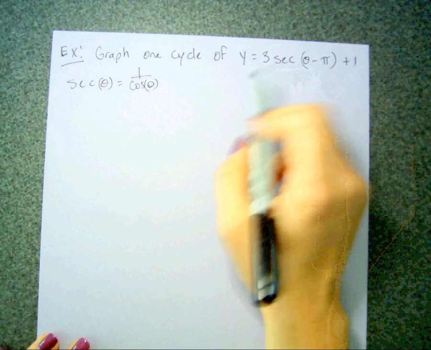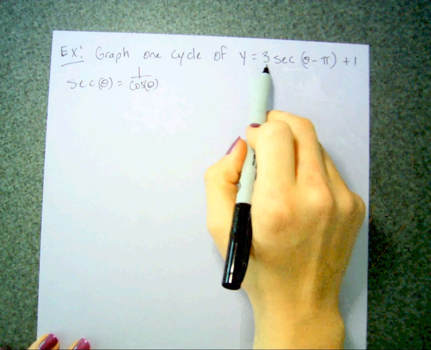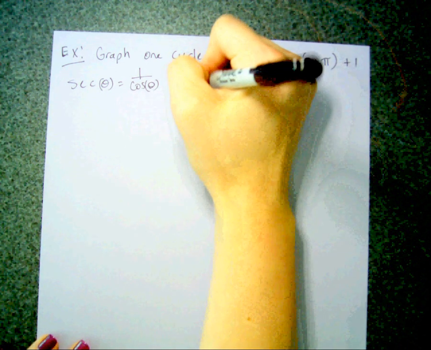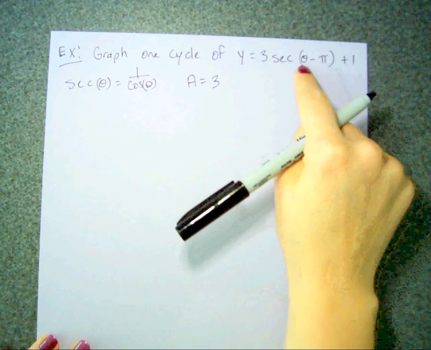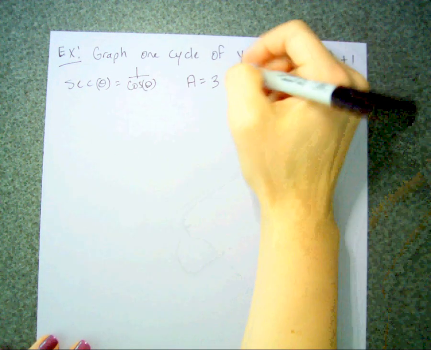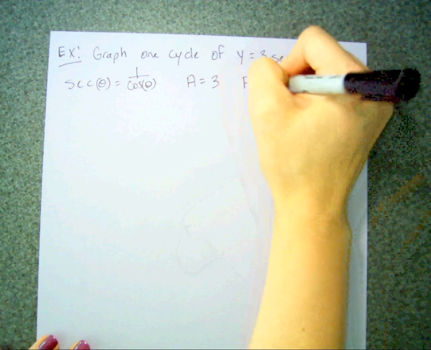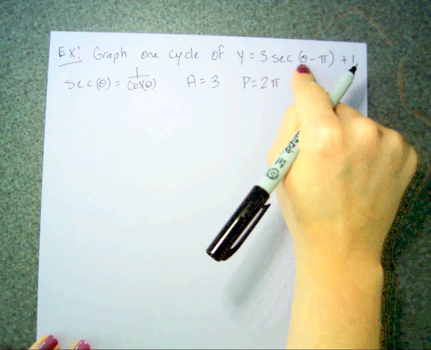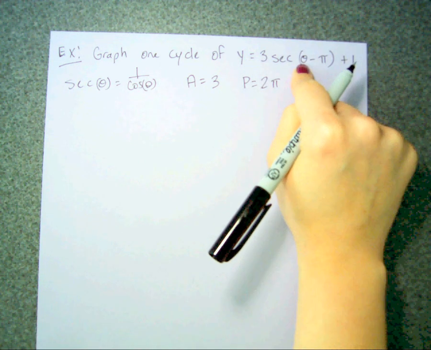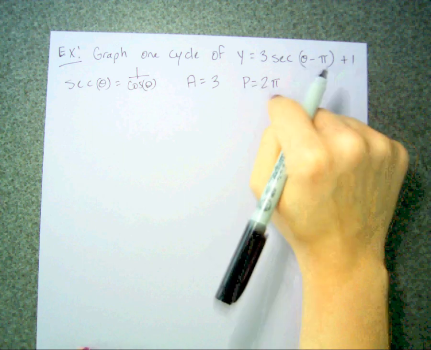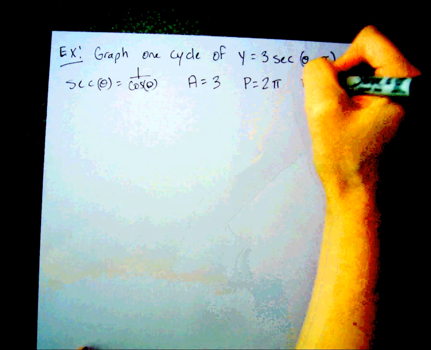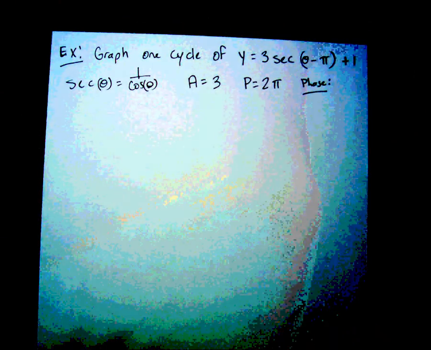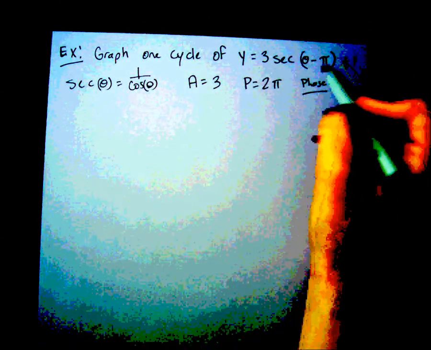So what do I have going on here? I have a change in my amplitude. My amplitude is 3. I don't have a change in my period, so my period is still 2 pi, right? And I know that because I don't have anything in front of theta. It's just 1, so my period is still 2 pi. I do have a phase shift. Remember, the phase shift is going to be my starting point, so that is very important.